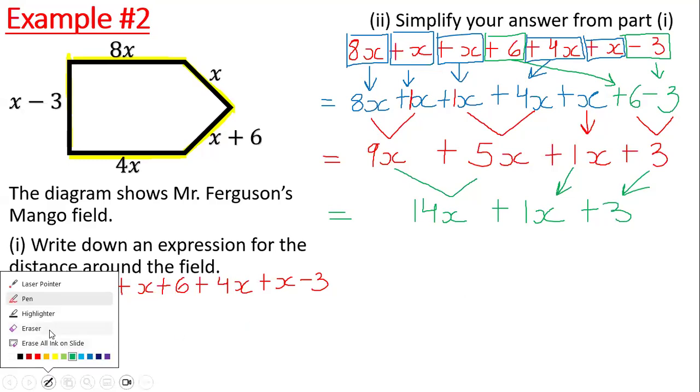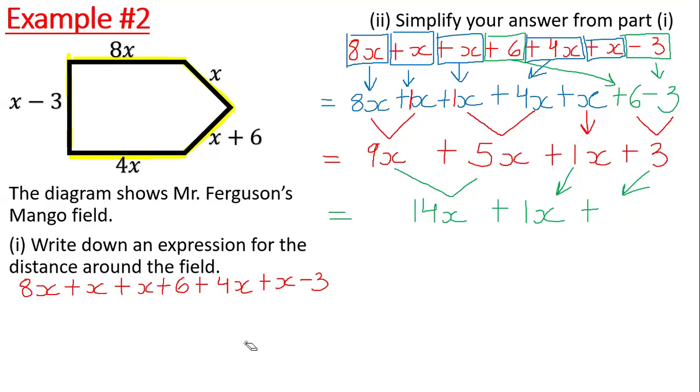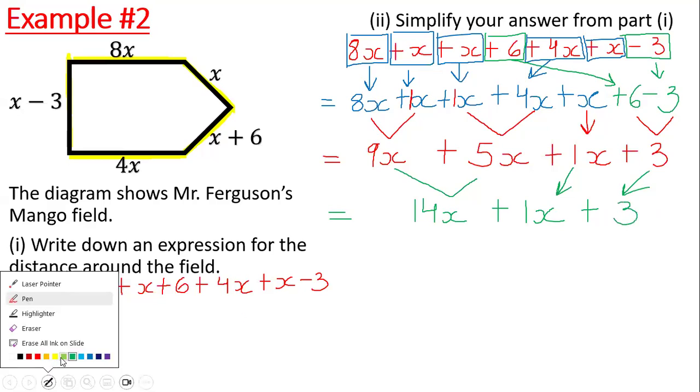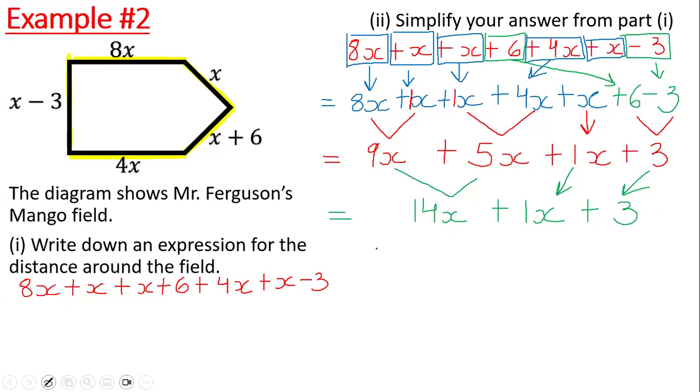How many persons have this up to this point? I do. I do, but I didn't put it as 1x. I just put it as x by itself. That's fine. I came close. I have it, but I don't have it as 14x plus x.